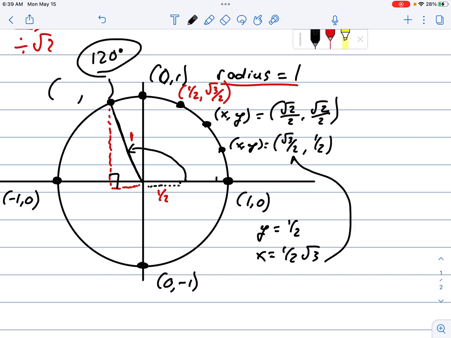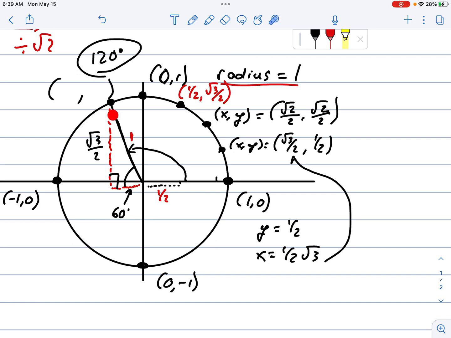And you would say, wait a second, if that's 120, how much is it from the 120 line to here? Well, that is 180. So that means this is 60 degrees, which makes sense, 120 and 60 gives me 180. If that's 60, that means this is my radical 3 over 2 side.